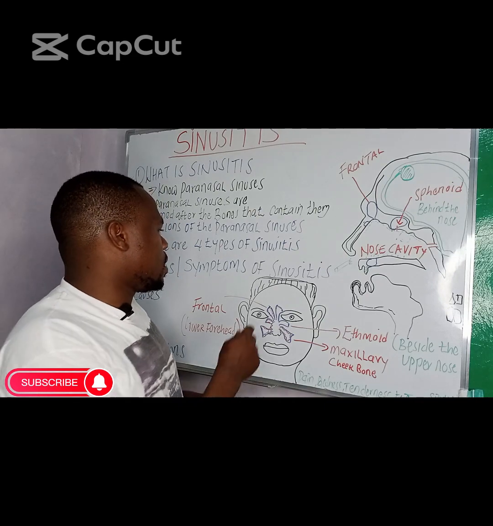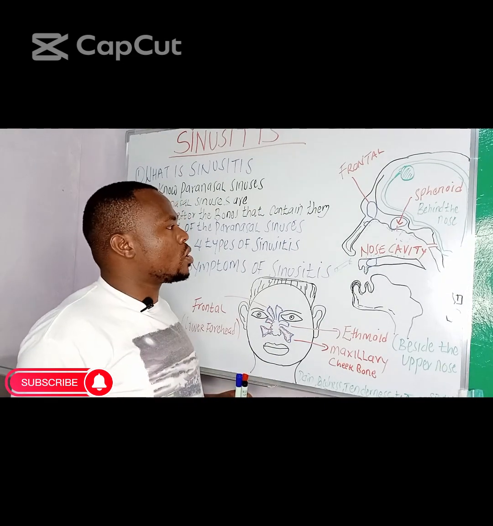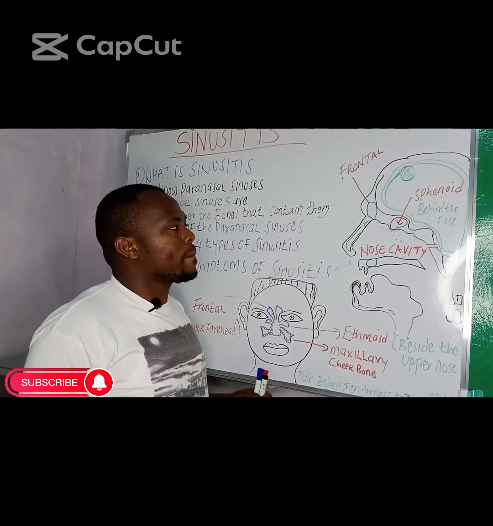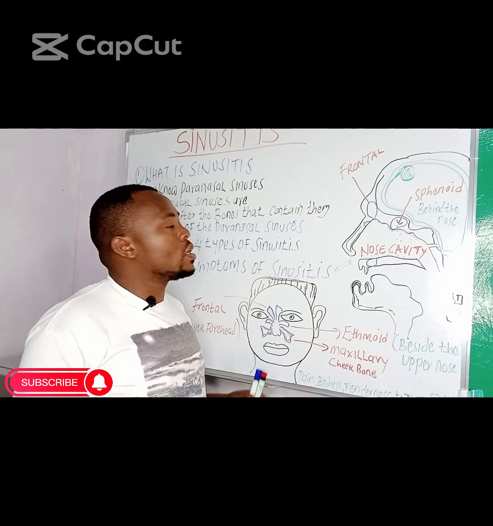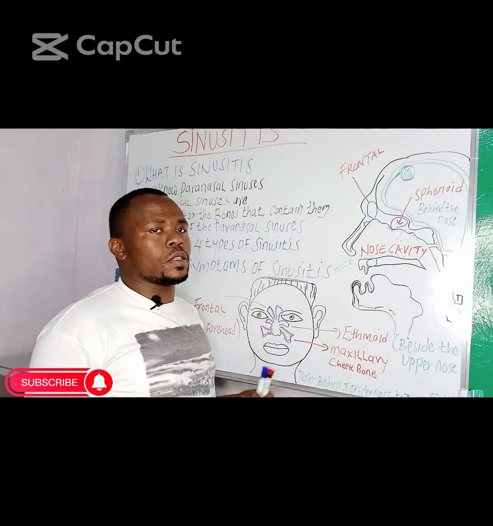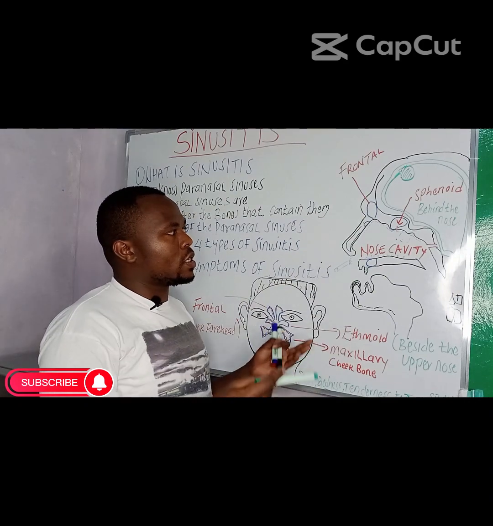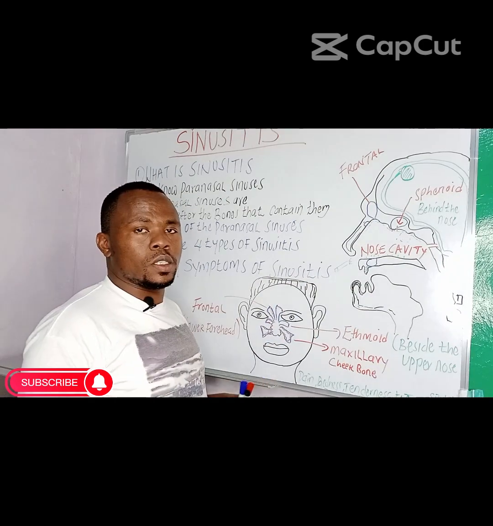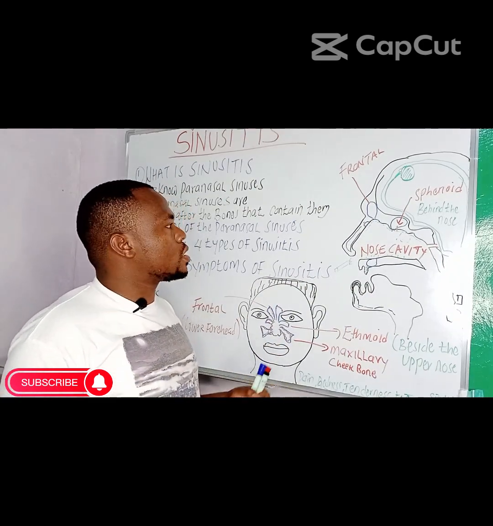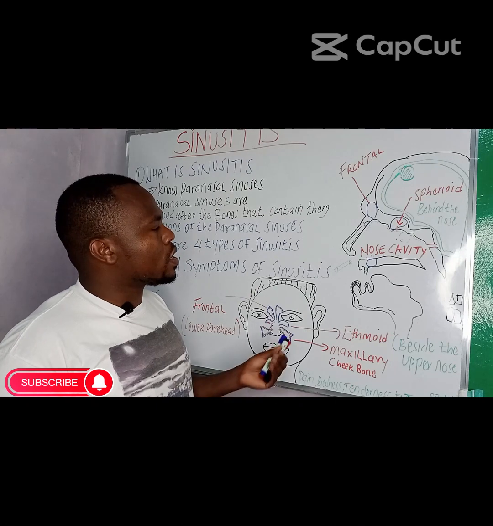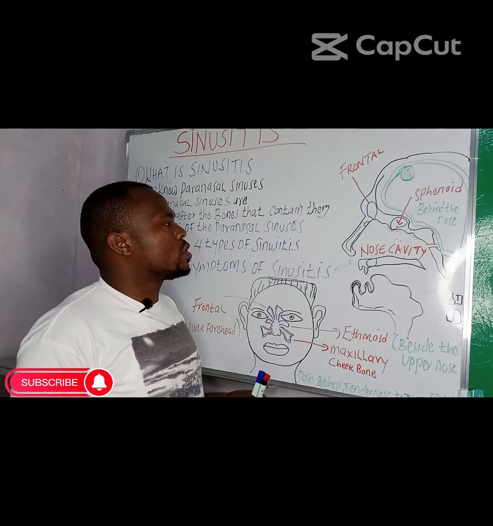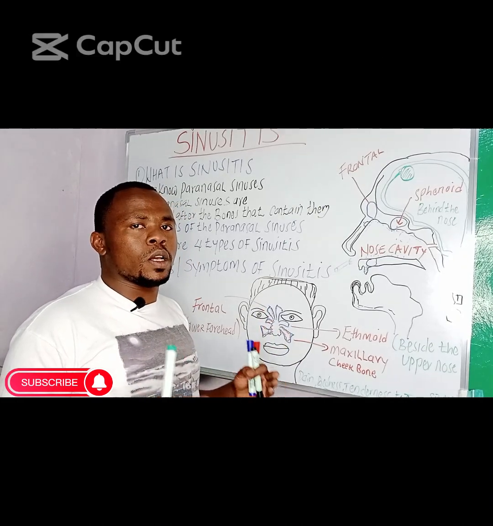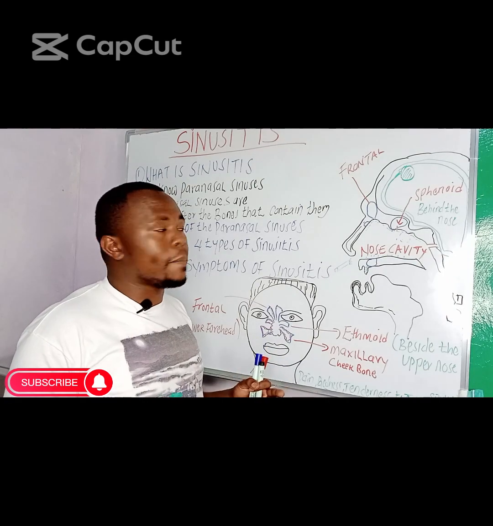Then the sinuses also have a function that deals with the secretion of mucus. They have a lining that secretes mucus into your nose cavity. The sinuses also have another function, which is protection. They protect the vital organs from damage in case you have face trauma.